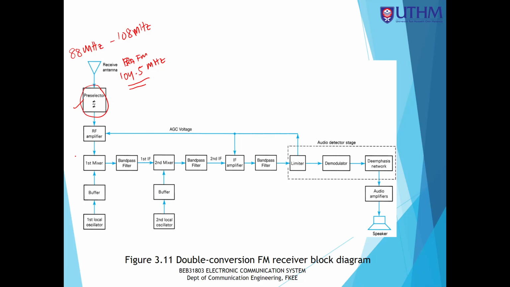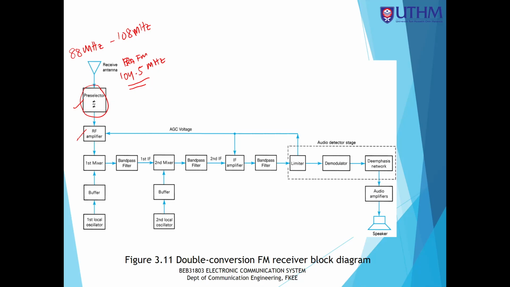The next process would be the RF amplifier, which will amplify the amplitude of the received signal, because the received signal has a low amplitude due to attenuation. The signal has traveled a long distance from the transmitter to the receiver, so of course a lot of attenuation happens in the middle.